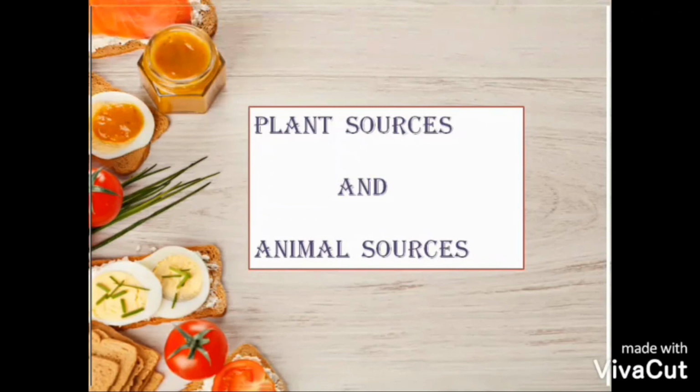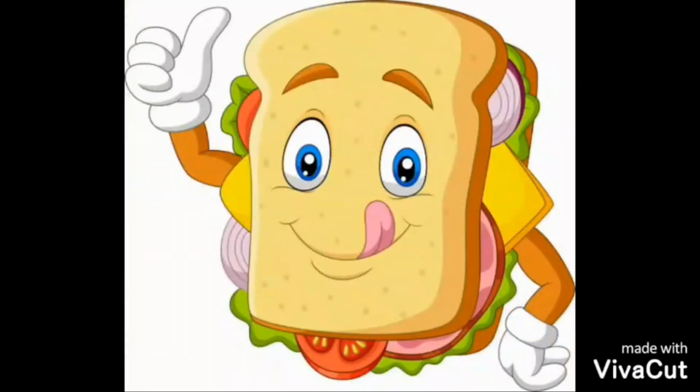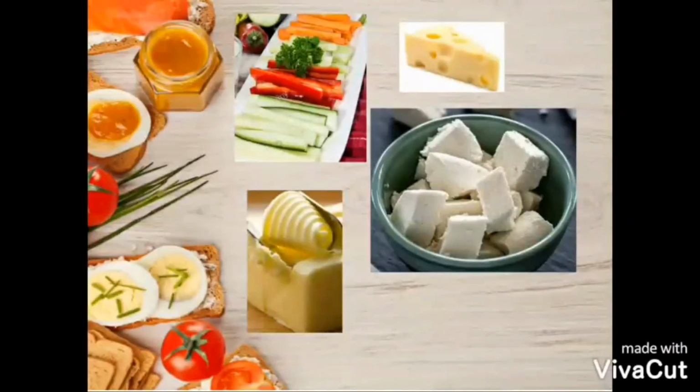To make a sandwich, what are the things we need? Things, we can say ingredients, we need. We need carrot, then cucumber, onion, paneer, cheese, butter and wheat. So, do all these things come from farms, from plants only?